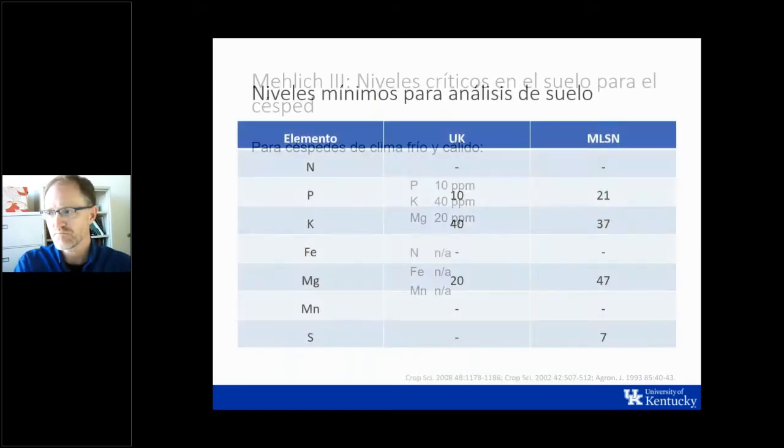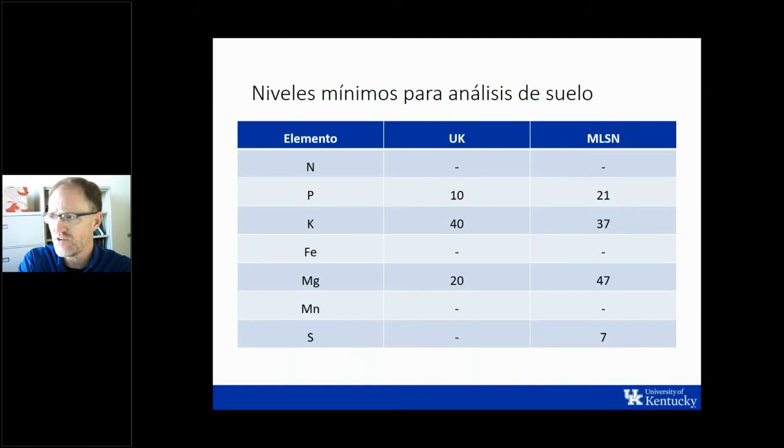Okay. So if you're familiar with MLSN, you'll find slightly different numbers, but very similar numbers. So UK is using 10, 40, 20 as just round numbers. MLSN is using 21, 37, being very close to K, and then magnesium at 47. And then they use sulfur at 7. And I think they even have calcium on there somewhere too.